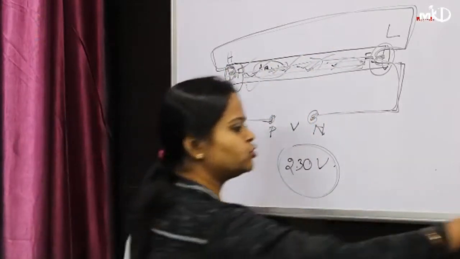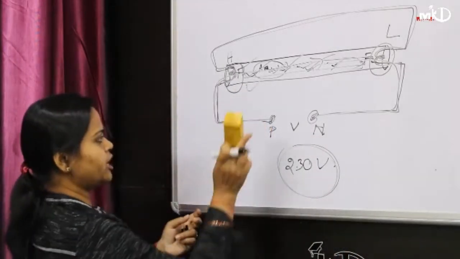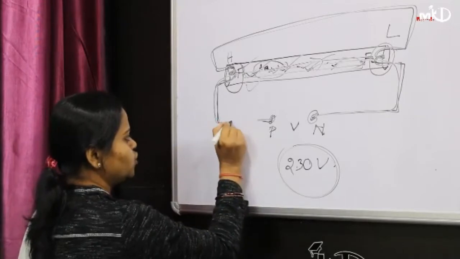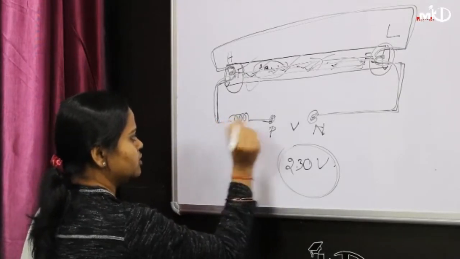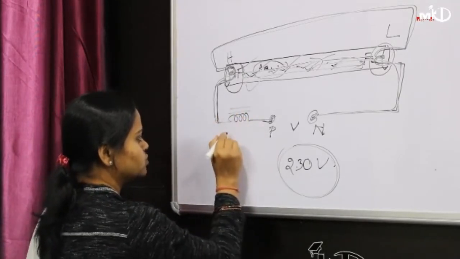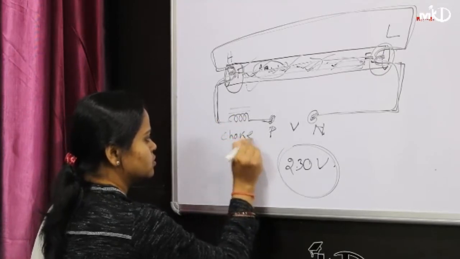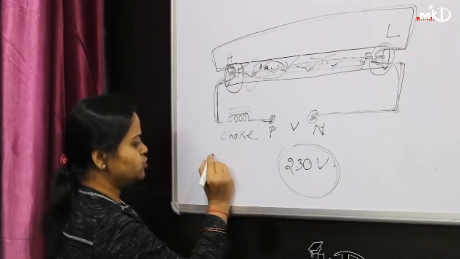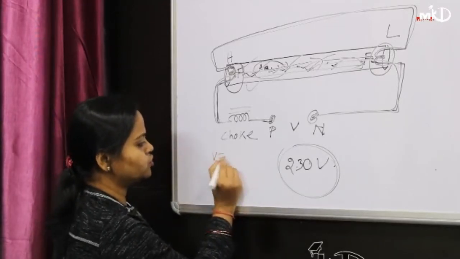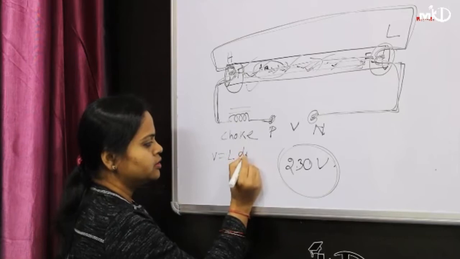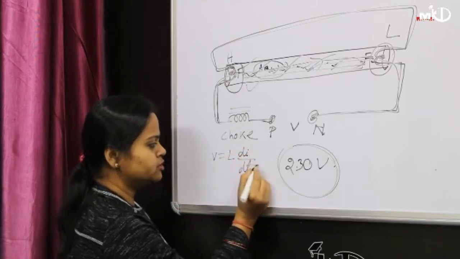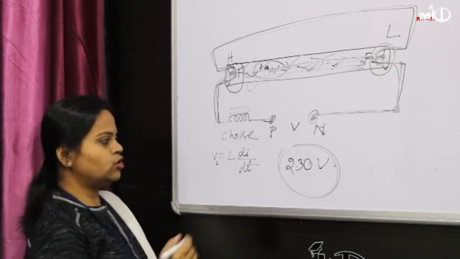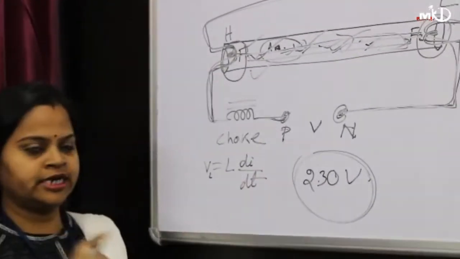Then what will we do now? Now I am using a choke. Choke is an inductive coil. As we know, the voltage across an inductor is V_L equal to L di by dt.